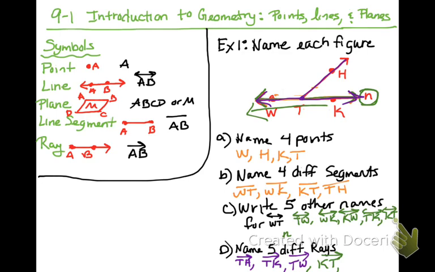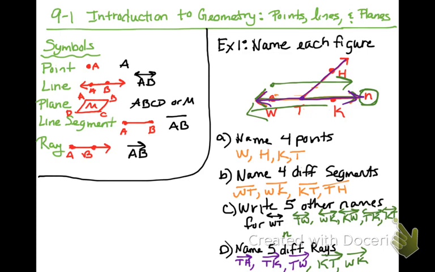What's the other one that could be? I might start with W and go towards K. Can't do WT? KT and KW and WK and WT mean the same thing.